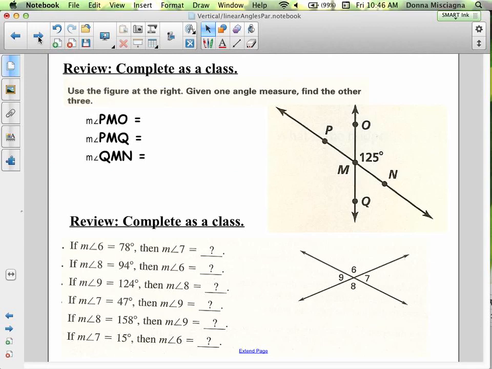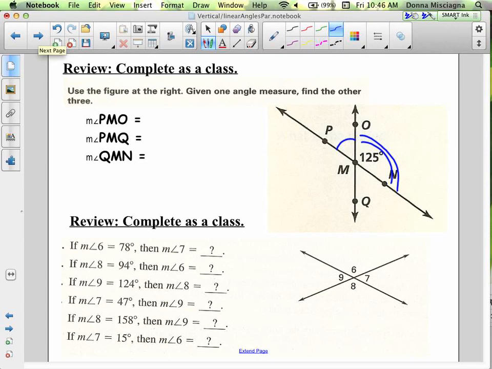All right, so we're going to find the measure of angle PMO. So that one is right here, PMO. We want that angle measure. Well, I know that these two are adjacent angles. And they're not just adjacent angles, they're linear pair angles, right?